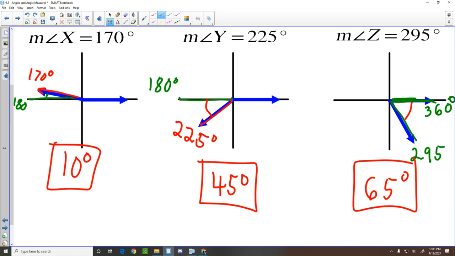How many of you had all three of those? I saw a good number. That was really good. Very impressive. Any questions on any of these reference angles? The nice thing with these reference angles is you'll notice that they're all going to be acute.